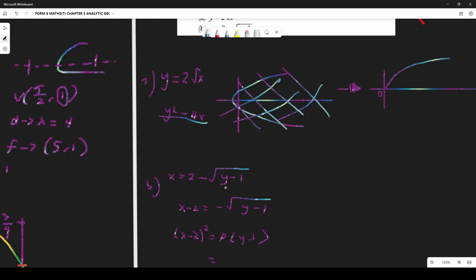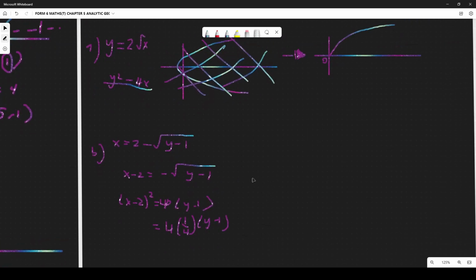And since the factor is just 1, it's going to be 4, and p is going to be 1 over 4 for y minus 1. That's just generally how it should look.